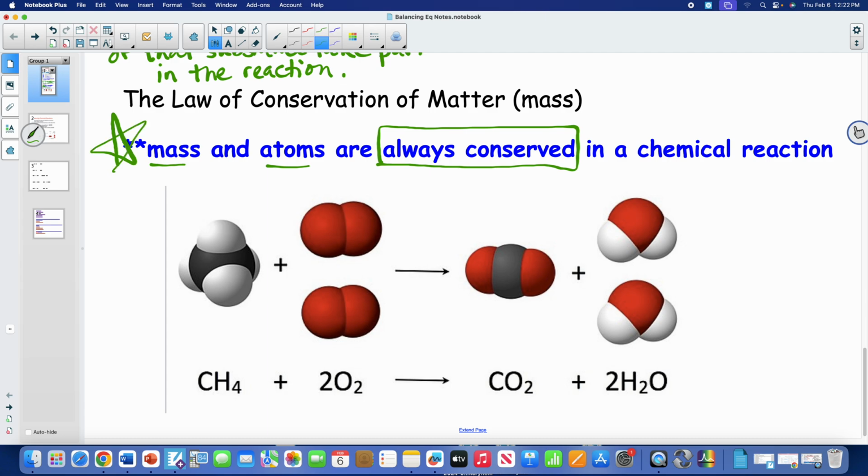Highlight that, star that. Make sure in your notes you make note that that's an important thing to know, okay?